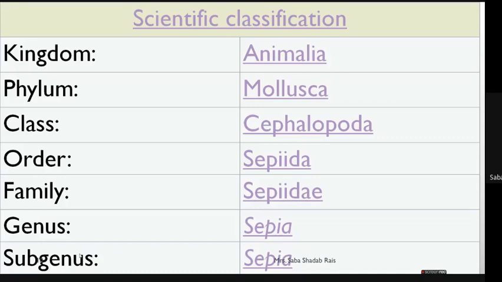Now how are you going to underline? Suppose I give you the example Sepia officinalis: you will underline Sepia separately and officinalis separately. Understand? Don't give a single underline, and don't make the underline double, because these are the scientific rules. The genus is written first, then the species. Whenever you write the genus, you capitalize it, and the species starts with a small letter.